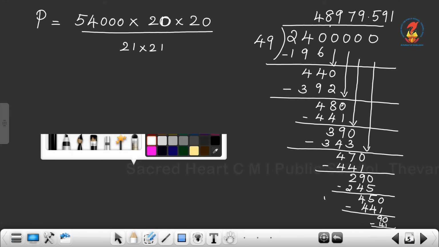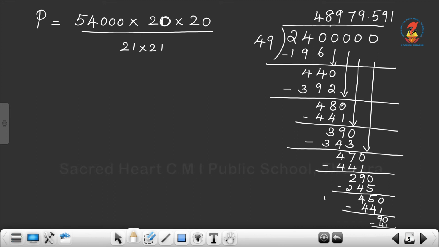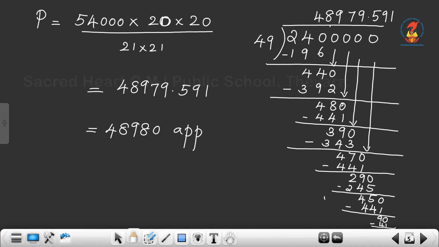So the answer is, when we divide this number with 49, we will get the answer as 24 lakh divided by 49. So we will get the answer as 48,979.591. The division is not complete, it will go in that way. So we can take it as 48,980 approximately.